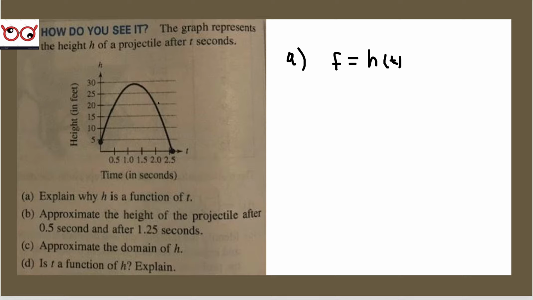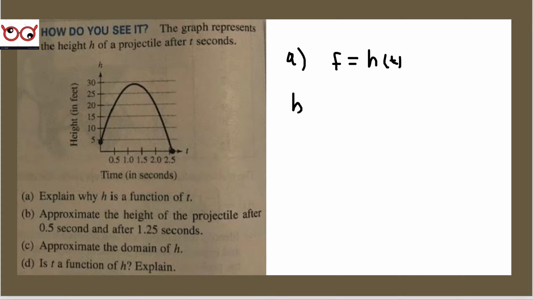If we are doing the vertical line test, or a line that is normal to the axis t, in other words, we can say every point of t corresponds exactly to one point on the y-axis, or on the h in this case. So every point of t corresponds exactly to one point of h. Therefore, h is a function of t.